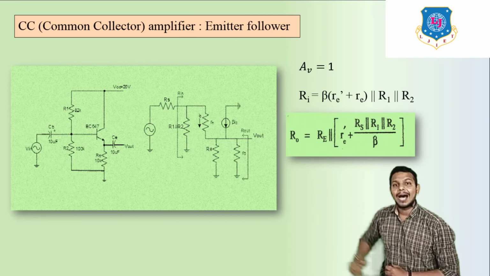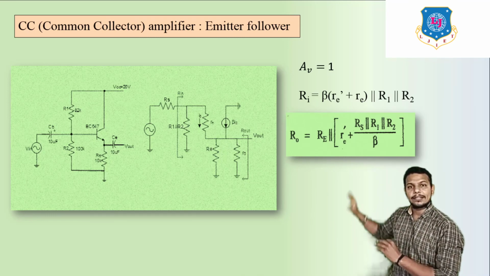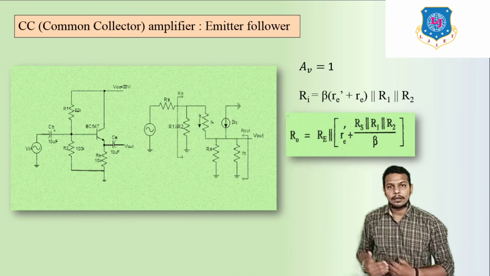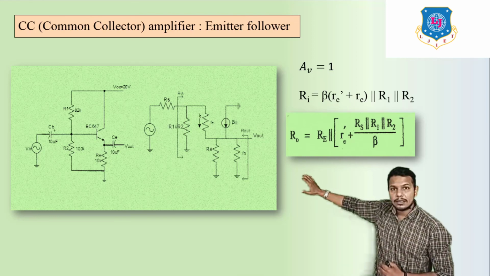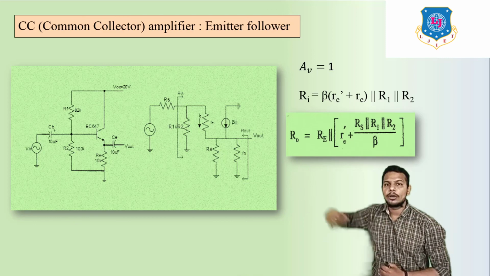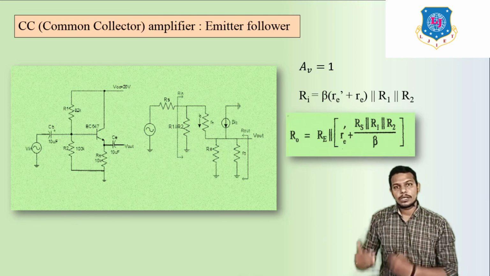And Ro, which we find at the output side, is equal to Re parallel in bracket Re dash plus Rs parallel R1 parallel R2 upon beta. So this is the equation of the output resistance.